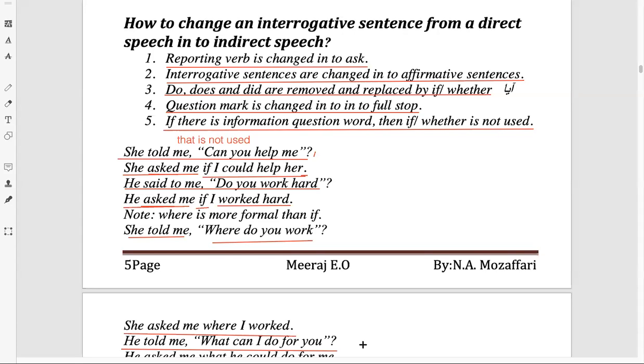She said to me, have you finished your homework? Okay, you change my sentence, I change yours. Okay, go ahead.